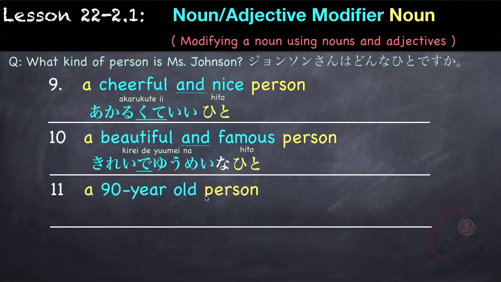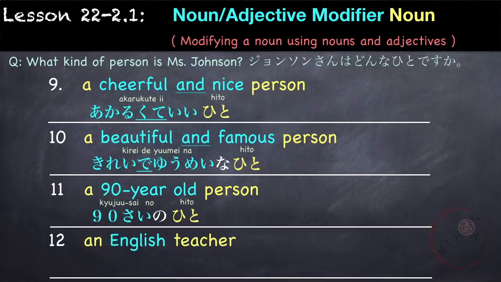Next is using a noun. A 90-year-old person. 90歳の人。Another example of using a noun, an English teacher.